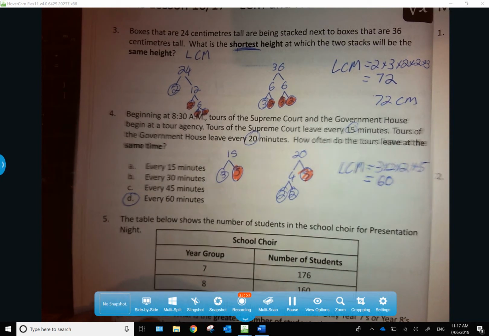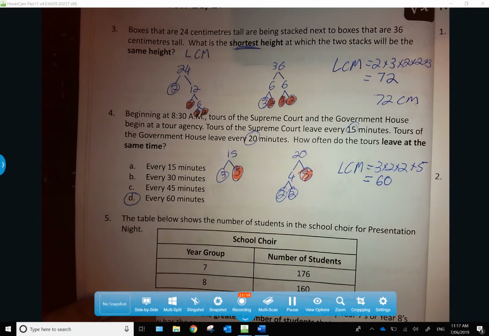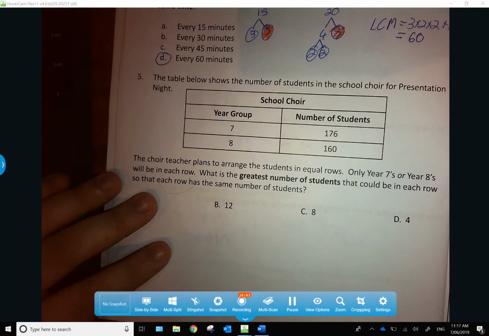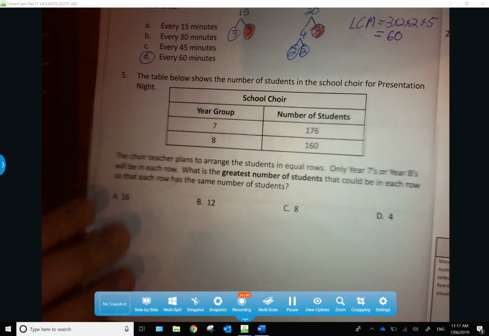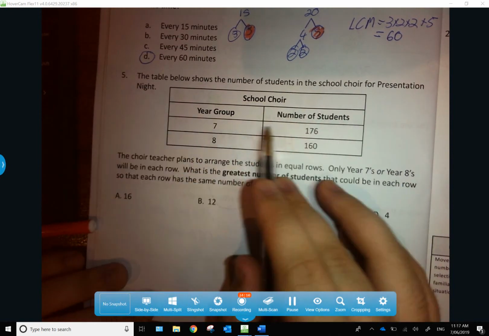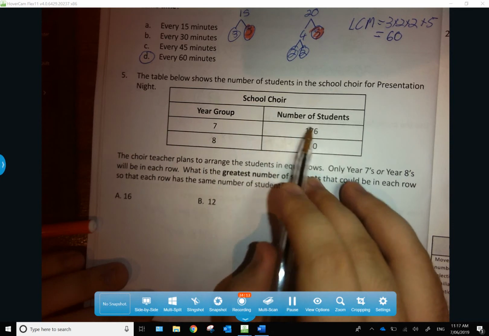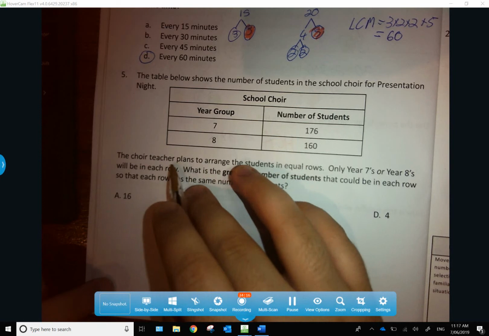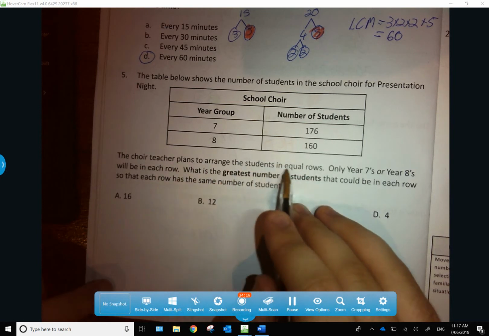Good. Okay. Moving on to the next problem. The table below shows the number of students in the school choir for presentation night. In year 7 there were that many students. In year 8 there were that many students. The choir teacher plans to arrange the students in equal rows.